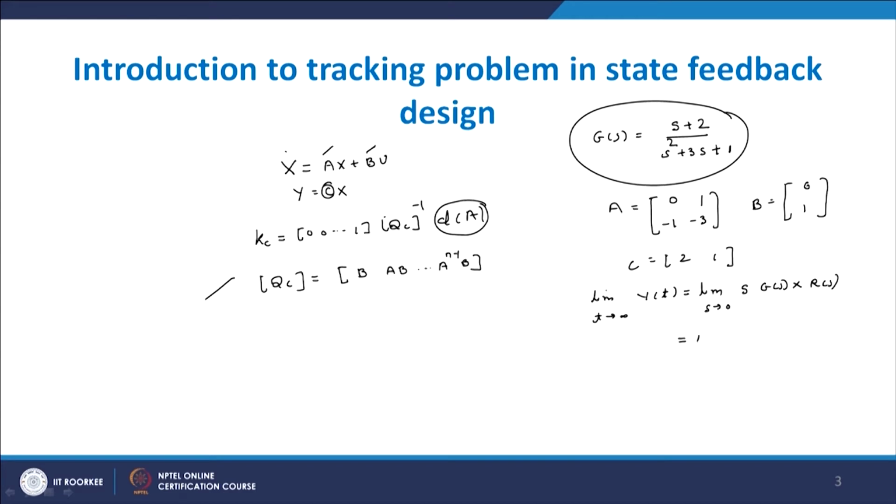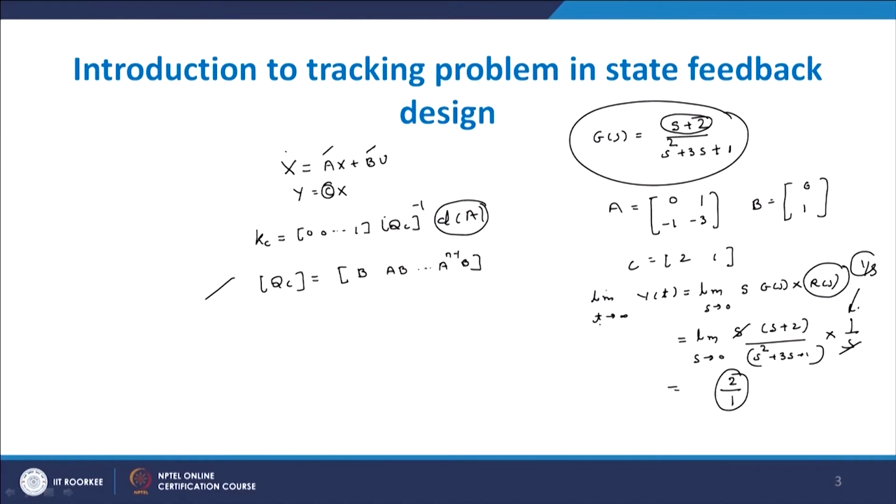Now limit s tends to 0 of s G of s is (s plus 2) divided by (s square plus 3s plus 1), and for a step input R of s is 1 by s. So s and s will cancel, and replacing s with 0, we get 2 by 1. Now we find that the steady state output for this plant depends upon the C matrix, that is we get 2 by 1, that is 2.